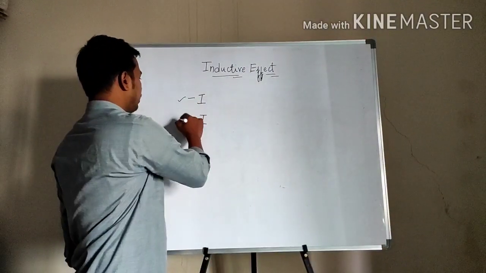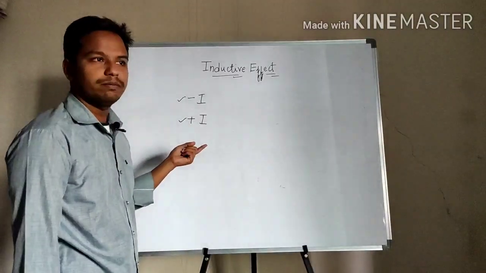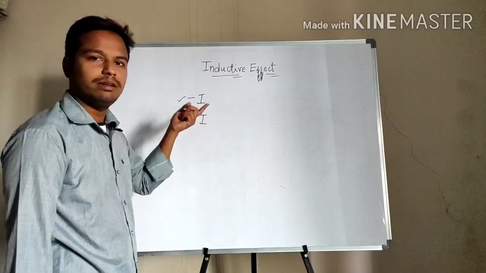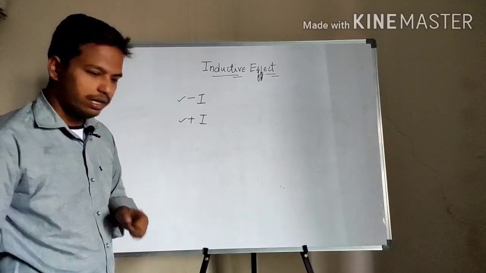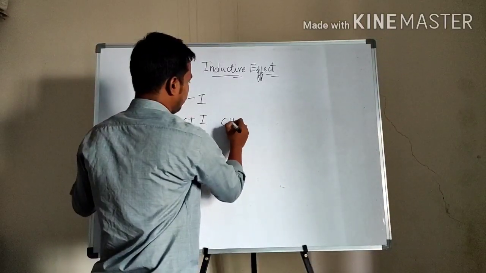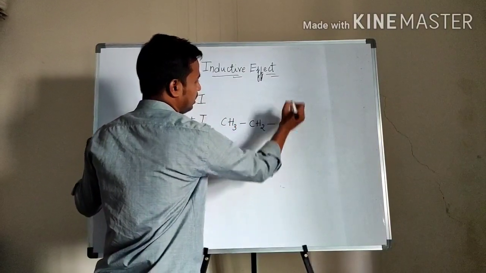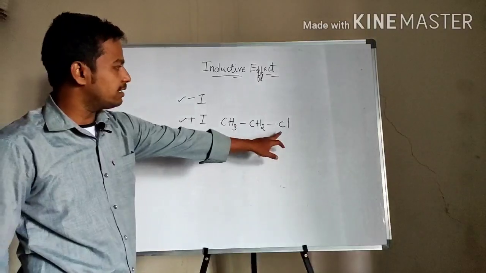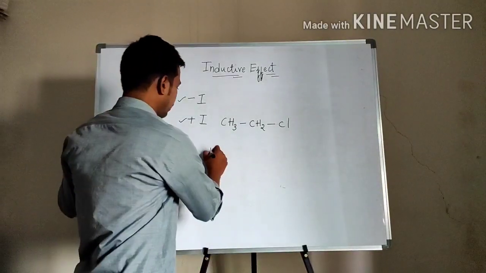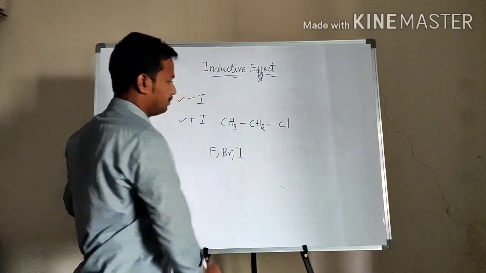With the help of one example each, we will describe the minus I and the plus I effects. Yesterday I took the same example, so today also I will take the same example so that everything is clear to you. In the place of chlorine you can take fluorine, bromine and iodine also.